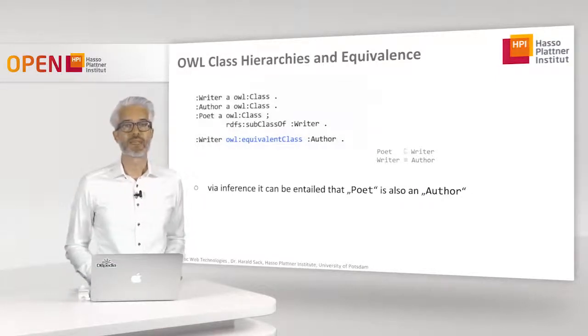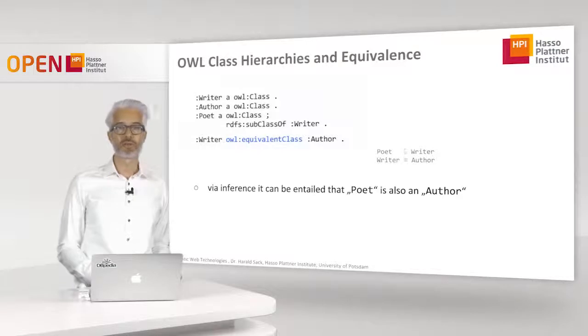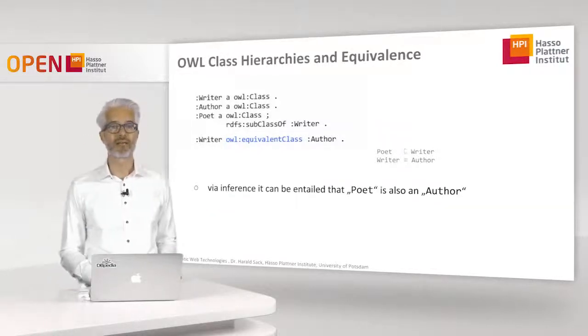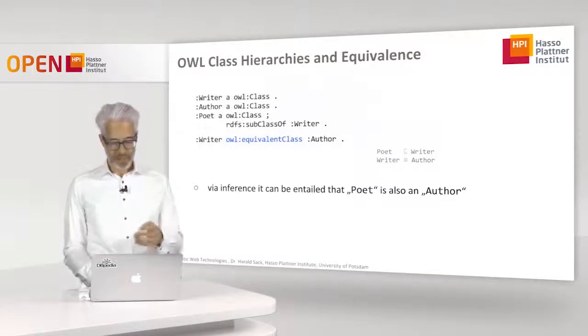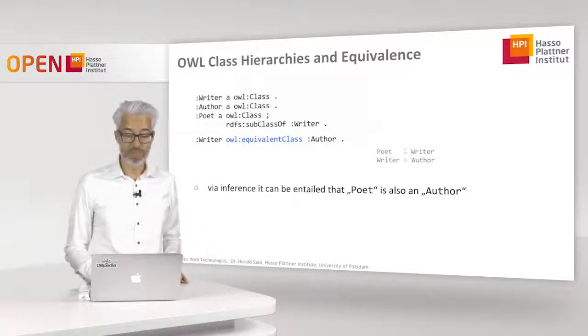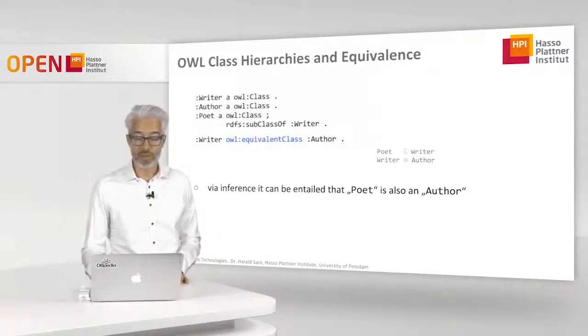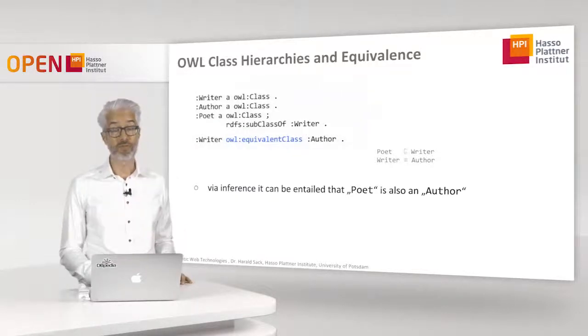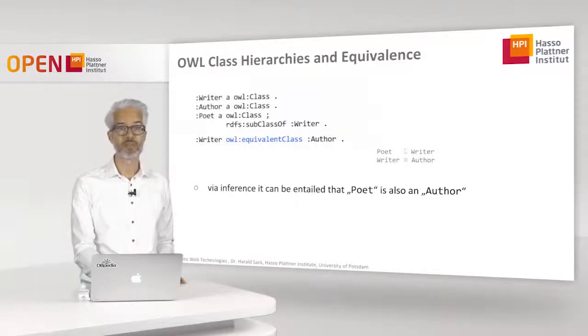And then we can say, okay, but Writer and Author, they are the same. Therefore, Writer is an equivalent class of Author. From our example here, what can you deduce? Via inference, it can be entailed that also Poet, which is a subclass of Writer, must be a subclass of Author. So this is pretty obvious and pretty simple.